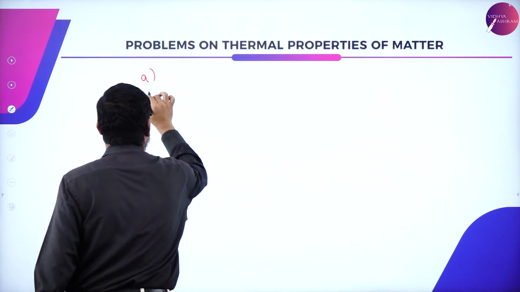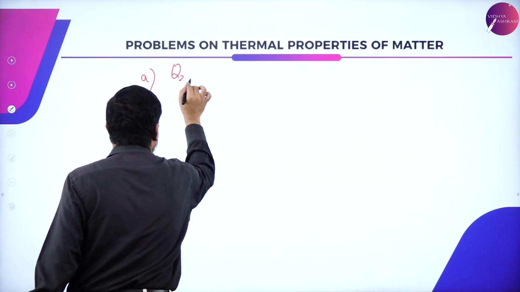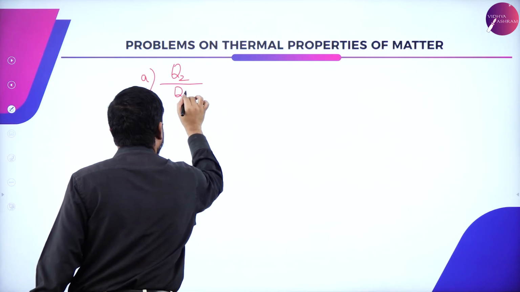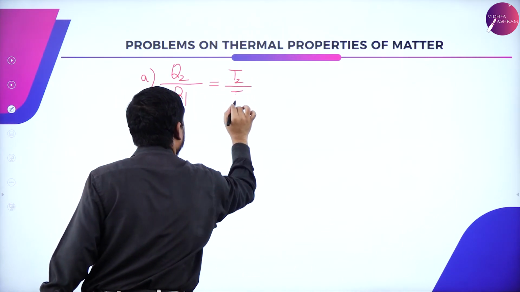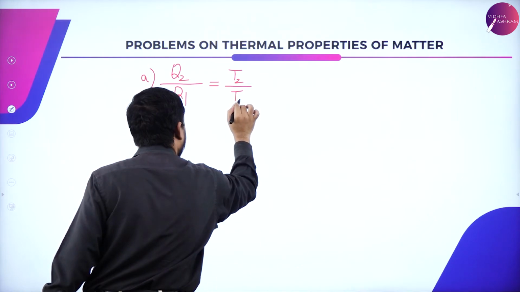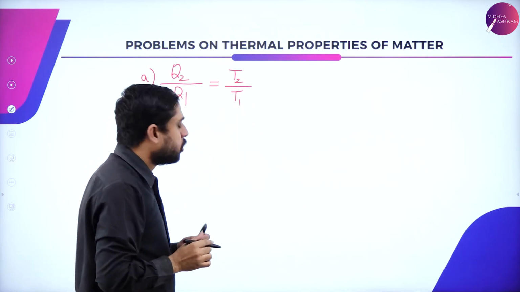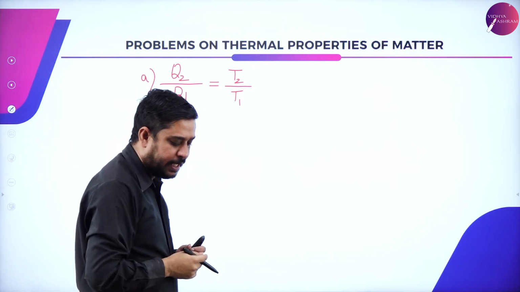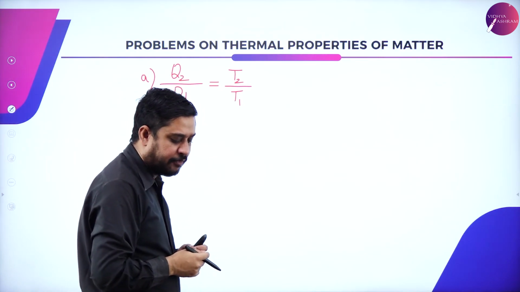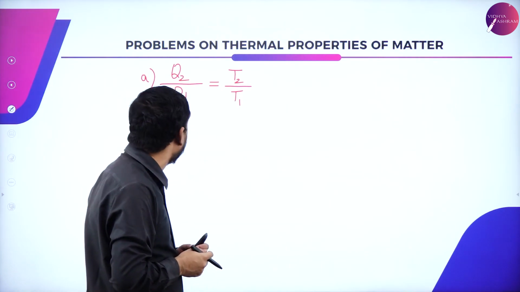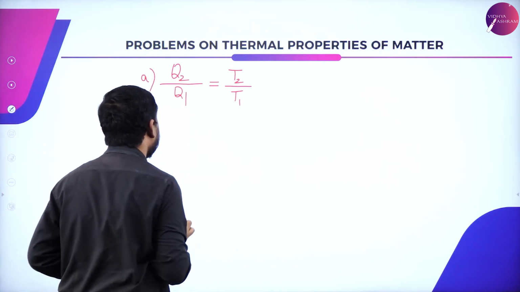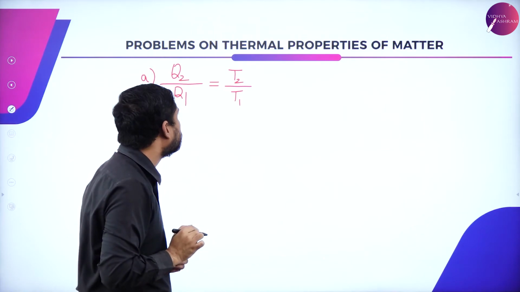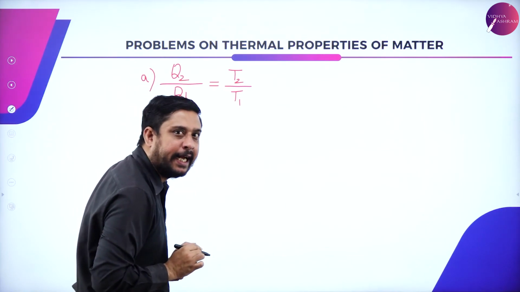First I will calculate the amount of heat absorbed. So as we did, Q2 by Q1 is T2 by T1. So in this particular case, I will have to calculate Q1. Q2 is given. Q1 has to be calculated.